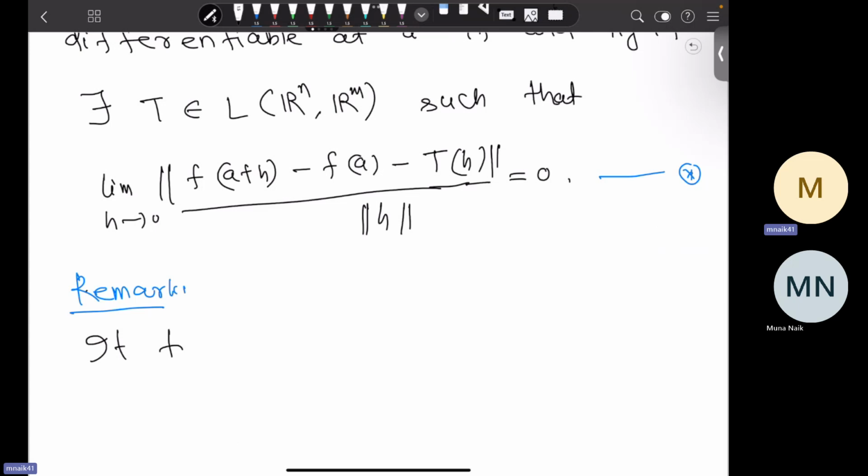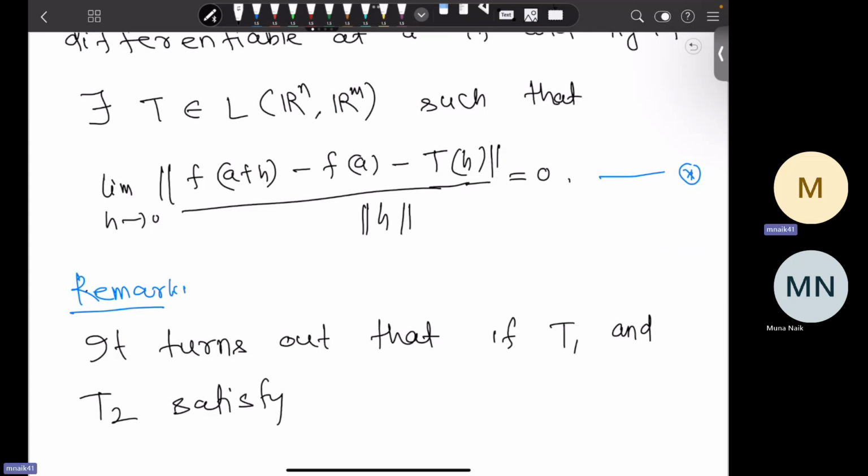It turns out that if T1 and T2 satisfy star above, then T1 is equal to T2.